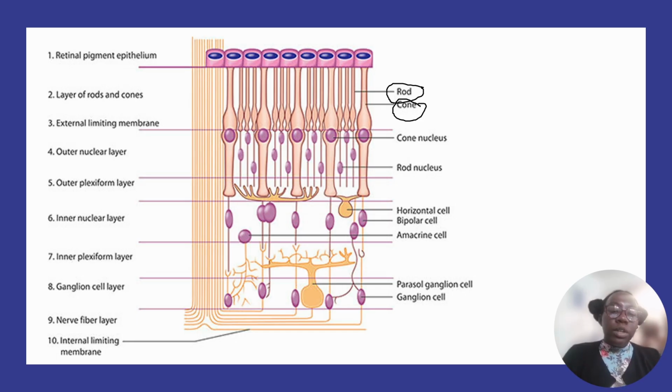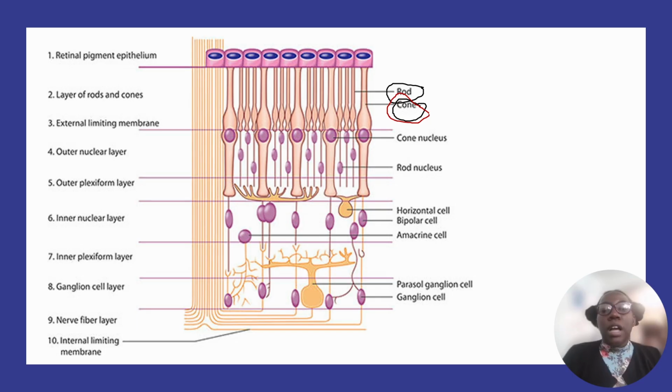But the cone cells, on the other hand, work under the influence of a lot of light. So you can actually distinguish colors. You can distinguish if it's bright, if it's dull, etc. So that is what the cone and the rod cells are in our retina.